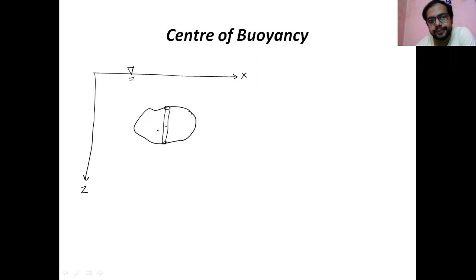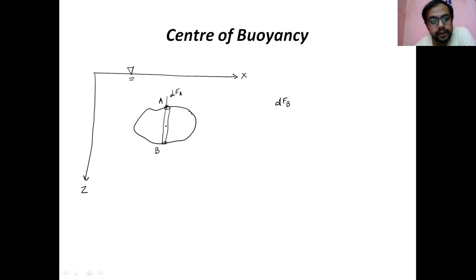And over the vertical prism, what force is acting? DFB, buoyant force, net buoyant force. We have taken it in this way, so don't be confused.